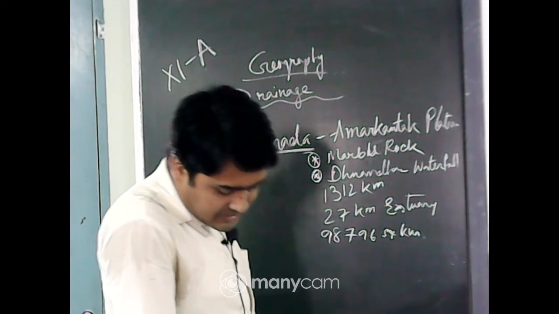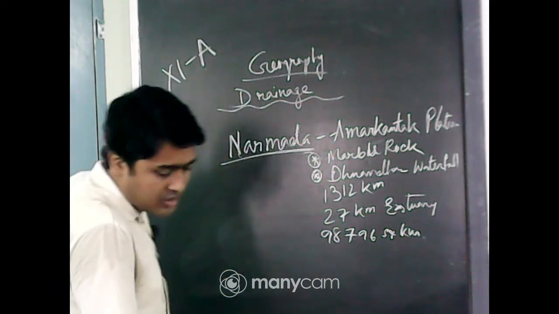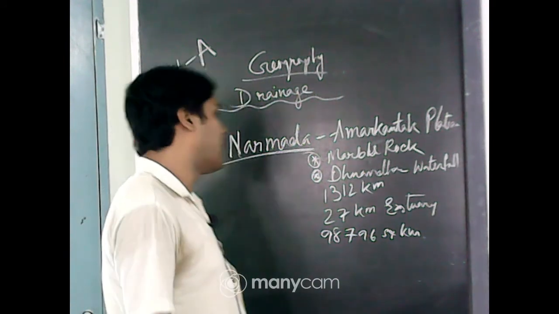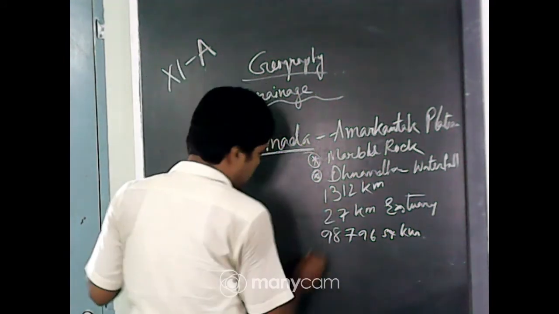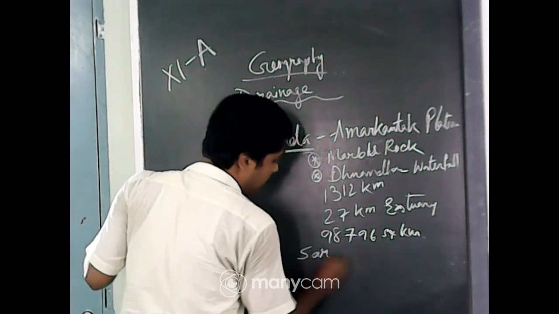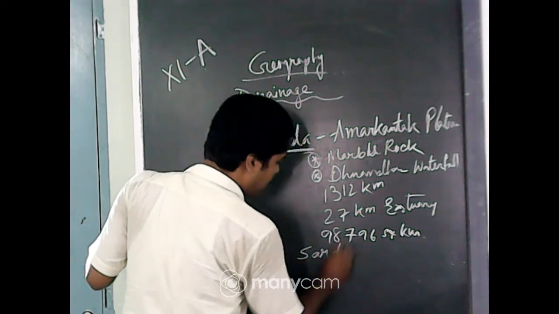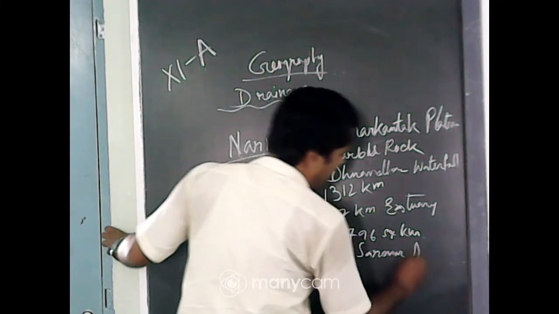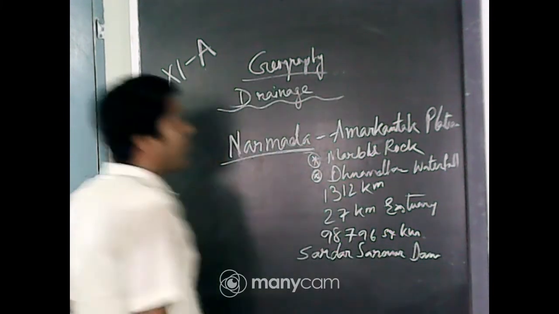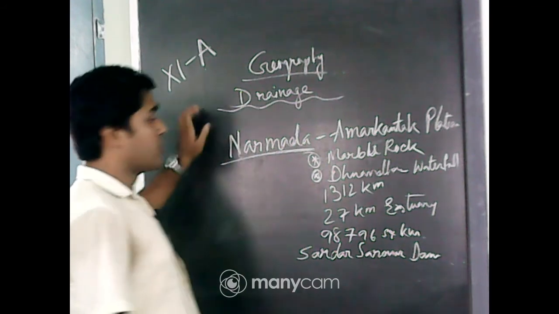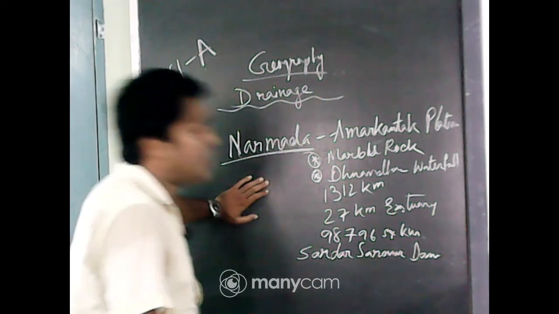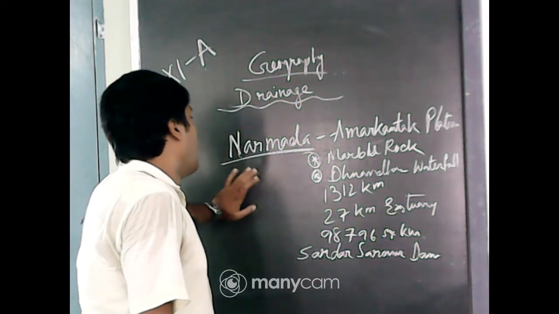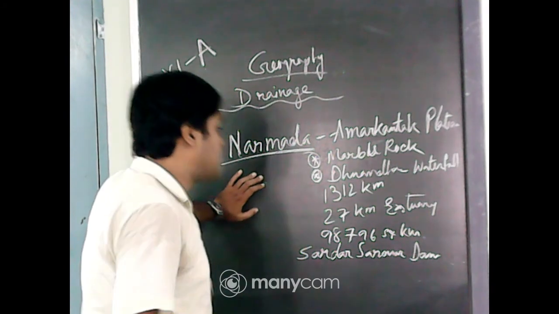The Sardar Sarovar project has been constructed on this river. Very important also. Sardar Sarovar Dam was constructed on the river Narmada. And also in class 10 you have to read about the construction of this dam, Sardar Sarovar.